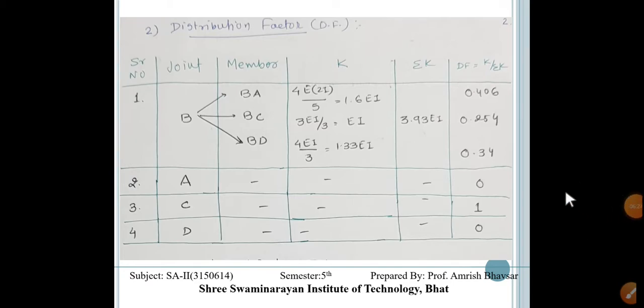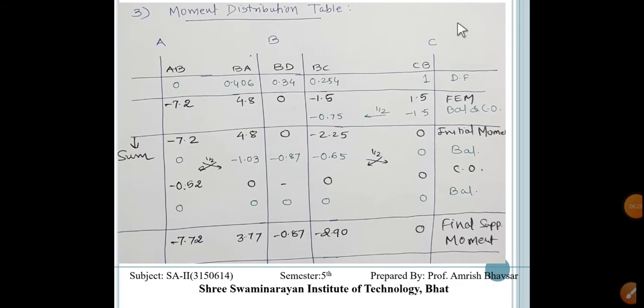Clear, everybody? Now here we have a moment distribution table. B is our common joint. At joint B there is a connection of three spans. So B to A is towards A, B to C is towards C, and in the center is B to D. So the column is coming over here, right?